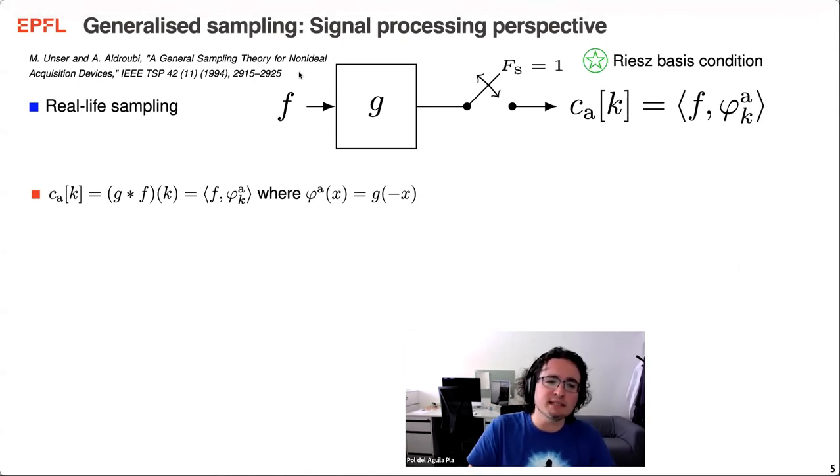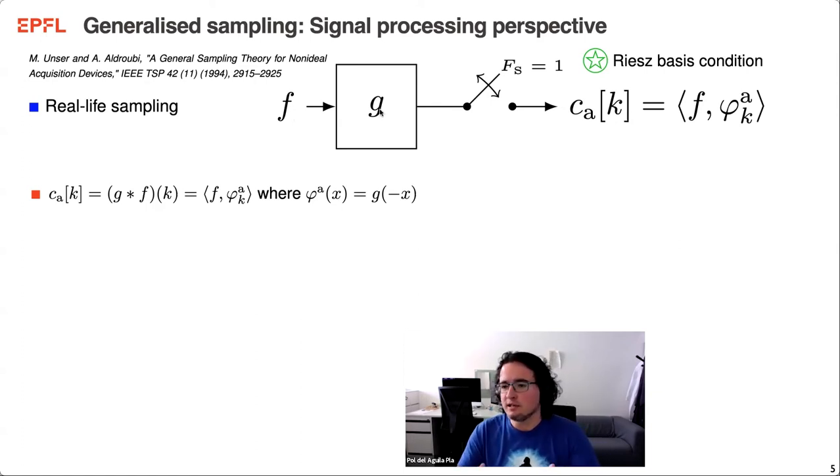So let's see this a bit in the context of signal processing, in which we're used to seeing sampling as, okay, we have a continuous domain thing f. We pass it through a linear time invariant system characterized by an impulse response g, and then we sample the result. So this is actually the same as we've been talking about, because it turns out that this is equivalent to taking an inner product of this function f with some analysis function that is simply the mirrored version of the impulse response.